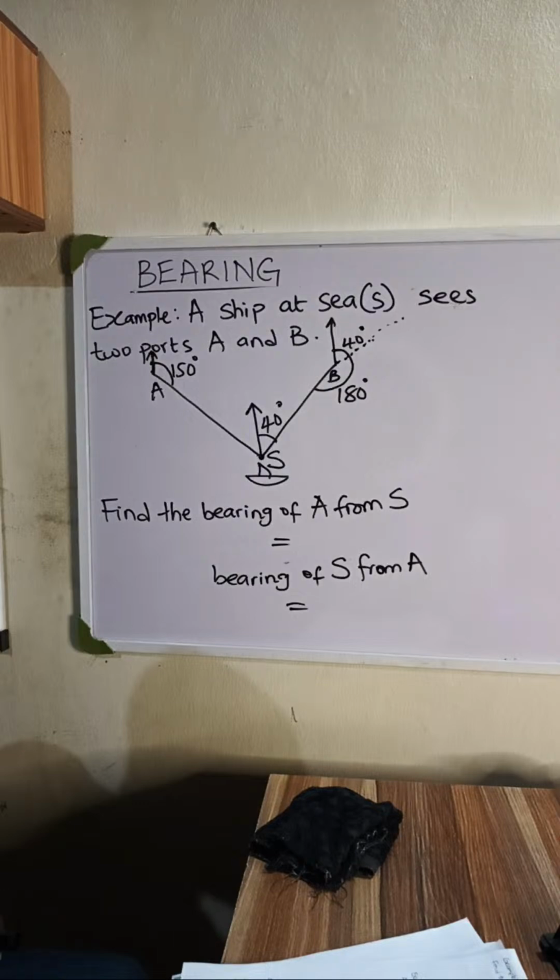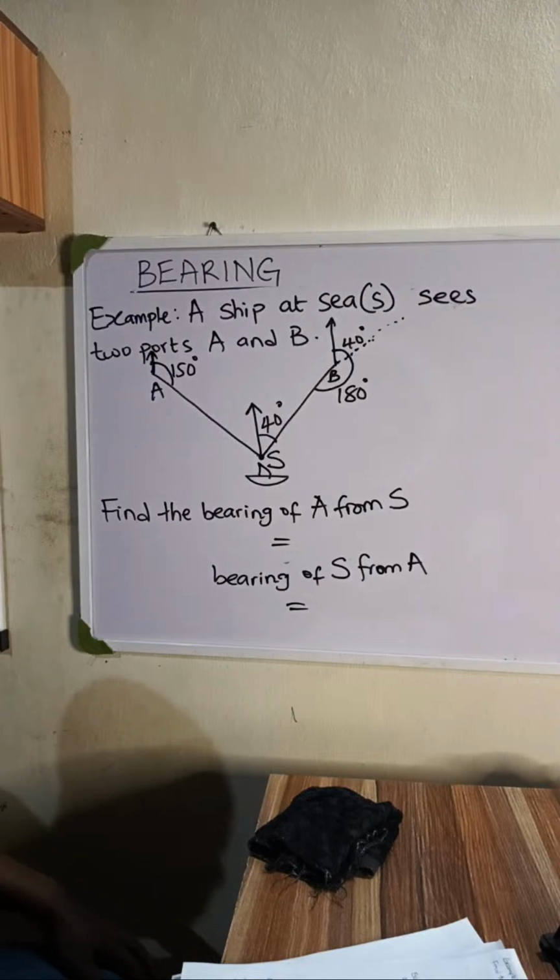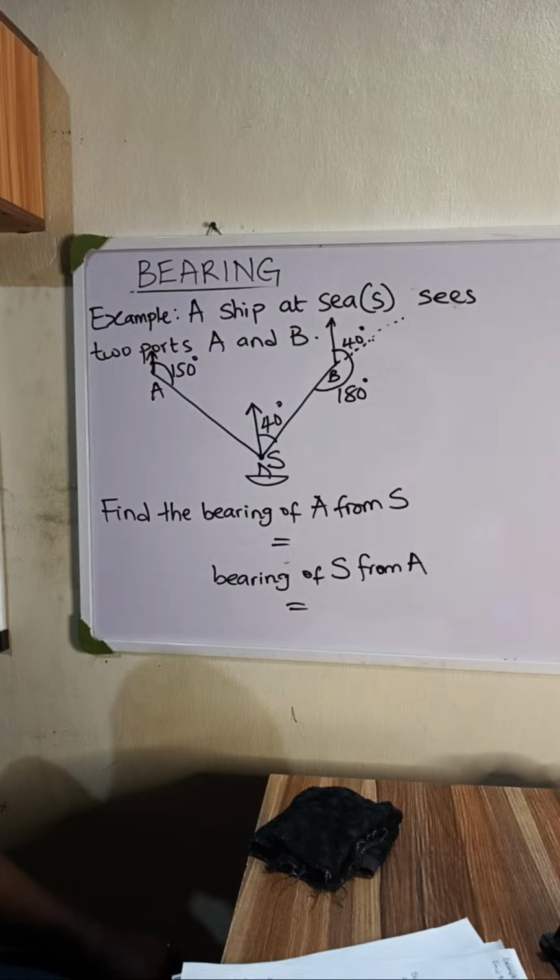If A from S is equal to 150 degrees, then what will be S from A?